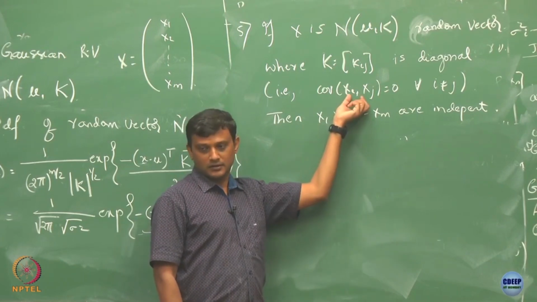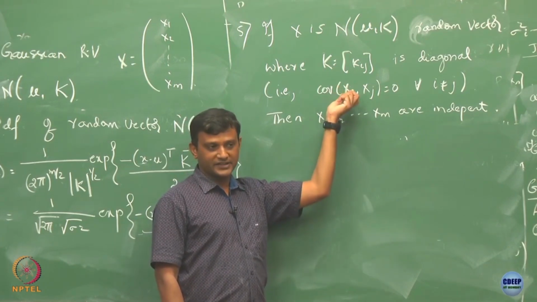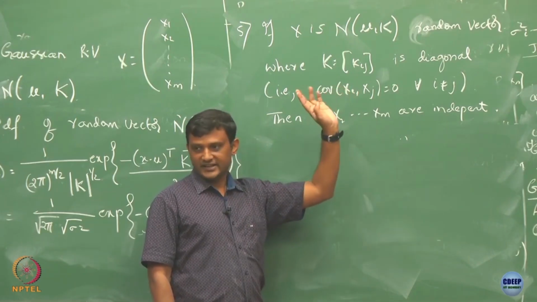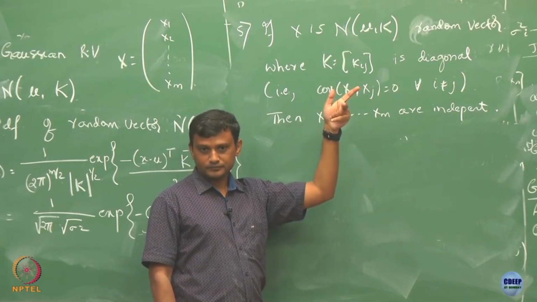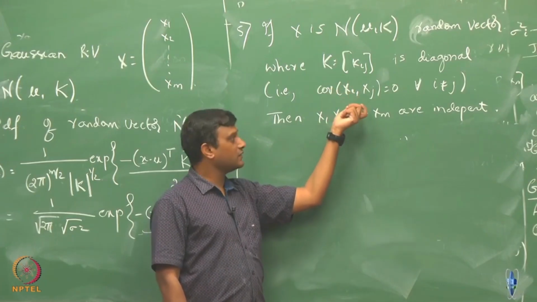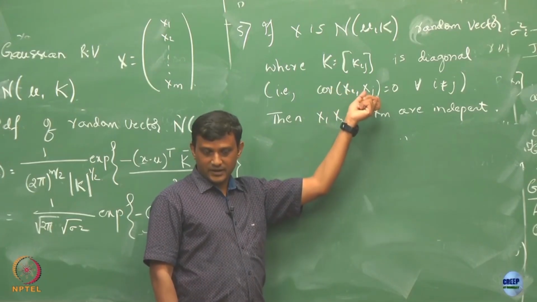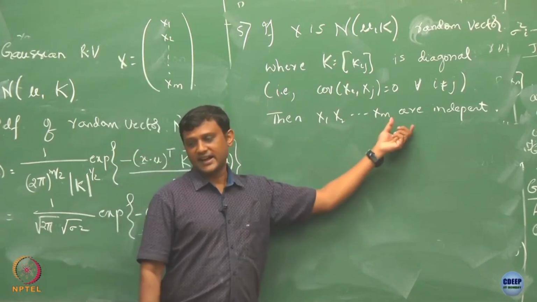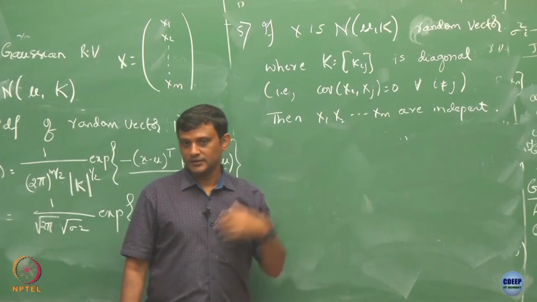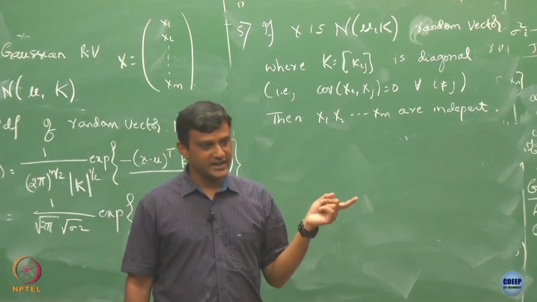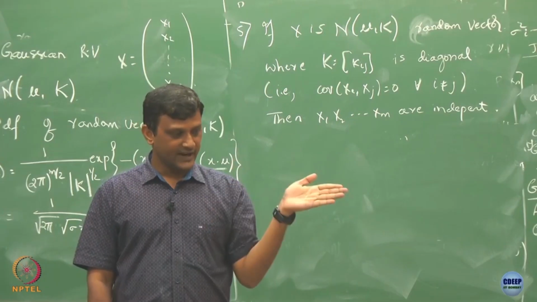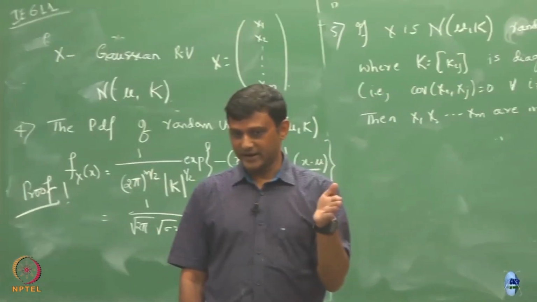In terms of covariance, when we say covariance of xi and xj is equal to 0, we say they are uncorrelated, right? So all pairs of random variables are uncorrelated. If that happens, then these random variables are actually independent. You remember in the last class we said independence implies uncorrelatedness, but uncorrelatedness does not imply independence.